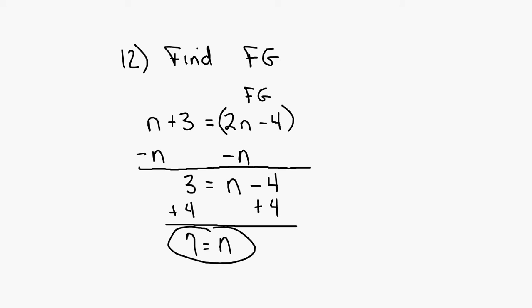This is going to be the hardest part of the quiz, to understand when you're just solving for the variable and when you have to find a segment length or an angle measure. Because this question is to find FG. So you have to take this 7 and substitute it for this n right here. So it's going to be 2 times 7 minus 4, which is 14 minus 4, which is 10. So F to G is going to be equal to 10.